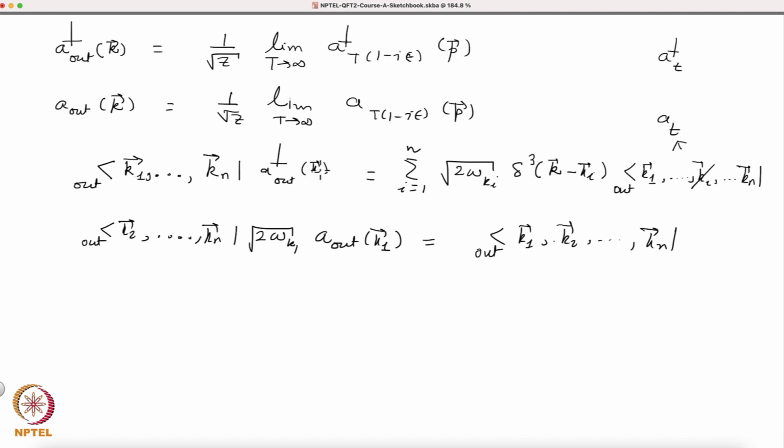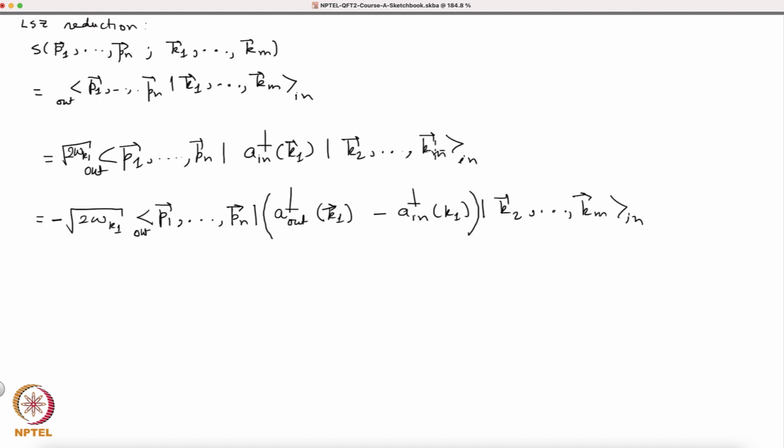But if K is not present in this list, if none of the K1, K2 and so forth up to Kn equals K, then the delta function vanishes and it gives you 0 on the right hand side, right? So K1 is not equal to any of these labels P1 to Pn. K2 is not equal to any of these labels P1 to Pn and so forth, right?